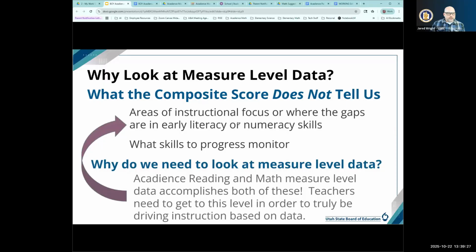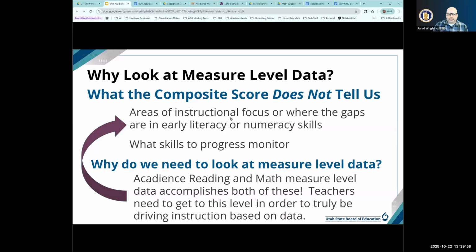So let's get those up. One would be the areas of instructional focus. The composite score can flag students that we may want to pay more attention to or look into a little bit more of the data. But the measure level is going to help us with areas of instructional focus. The composite score also doesn't tell us what skills we want to progress monitor, which both of those are connected on.